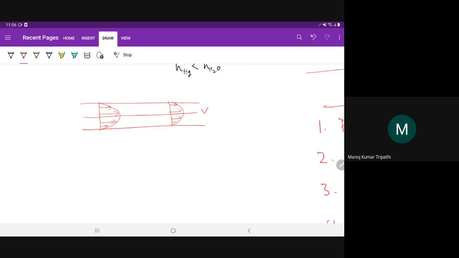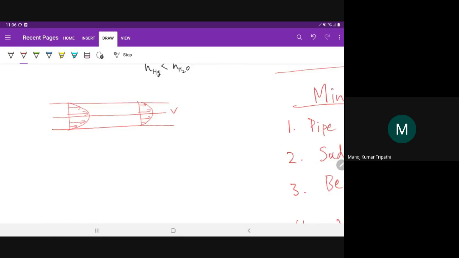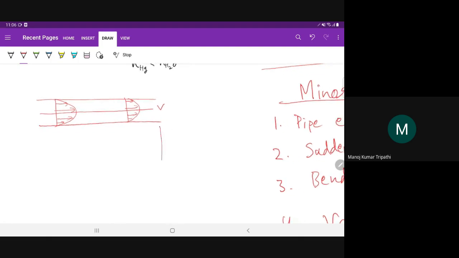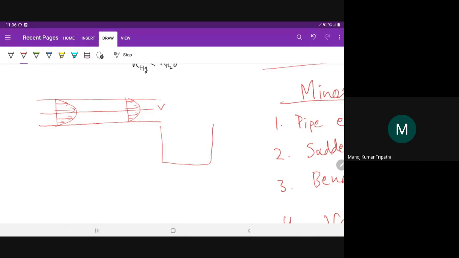If you want to know the average velocity in a pipe, we can have different kinds of flow meters, or what we can do is we can keep a bucket or a tank at the end of this tube and let the fluid fall into this and notice the time in which a certain volume is filled. Okay. And also we know the cross sectional area of this pipe and you will get the volume flow rate from this bucket.